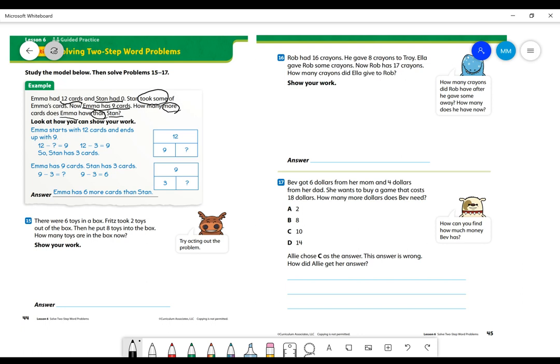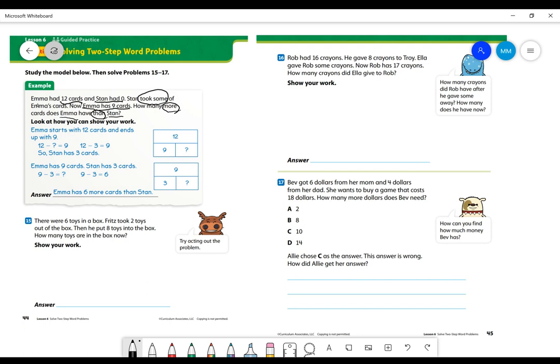Ooh. So let's go back to the top of our story. It says that Emma starts with 12 cards and ends up with 9. So they made a number bond right here with 12 as our whole. We had the part that Stan took. Stan took some, and Emma had 9 left.